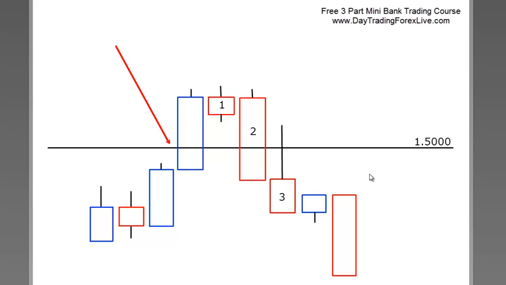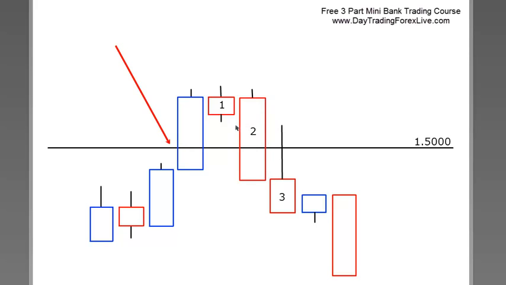When it comes into that high probability point, is it breaking it and quickly getting rejected back down below it? Candle number 2, the confirming candle, has 2 criteria. Let's go through those 2 criteria again. Number 1, in the case of a short, it needs to close below the body of the first candle.